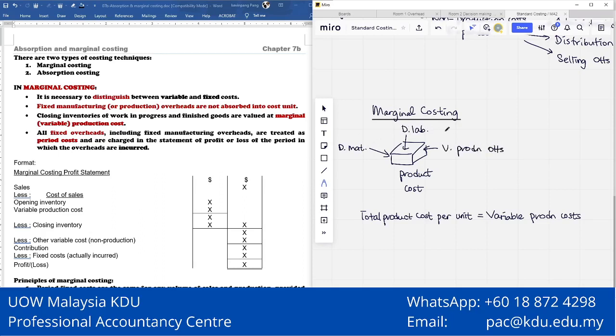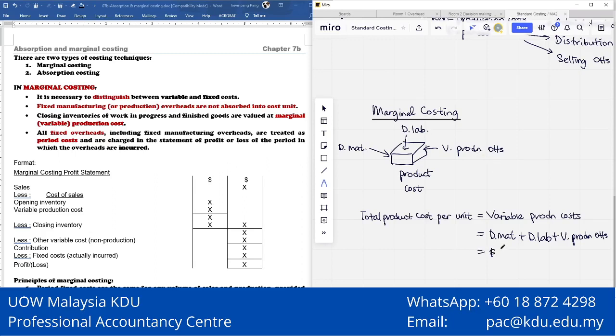These three elements add up together. That is how I get my total product cost per unit under marginal costing. Say, for example, every element is $1 each: direct material $1, direct labor $1, variable production overhead $1 per unit.